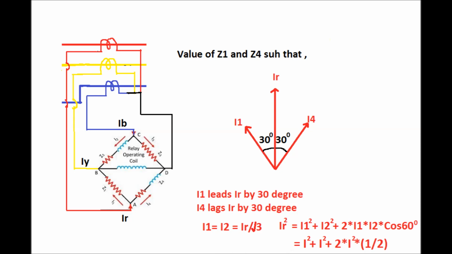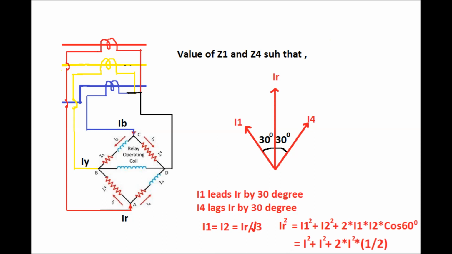That is, S1 of the red phase CT secondary circuit has been taken to the A terminal of the bridge circuit, S1 of the yellow phase CT secondary circuit has been taken to the B terminal of the bridge circuit, and S1 of the blue phase CT secondary circuit has been taken to the C terminal of the bridge circuit.